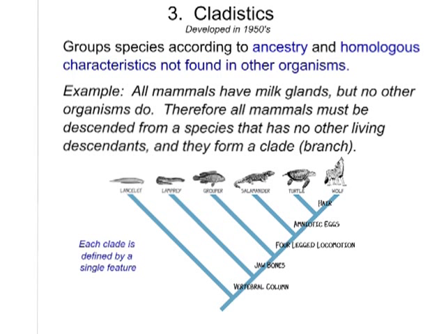Four-legged locomotion, that is shared by all of the organism groups below it on the cladogram. So cladistics is a way to basically designate relationship by one characteristic at a time.